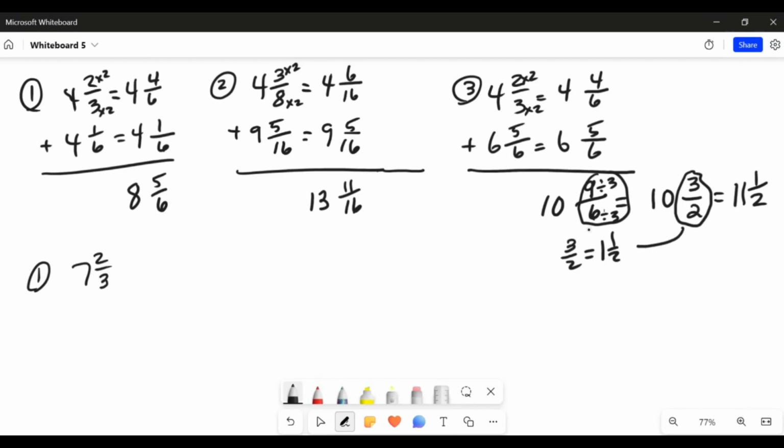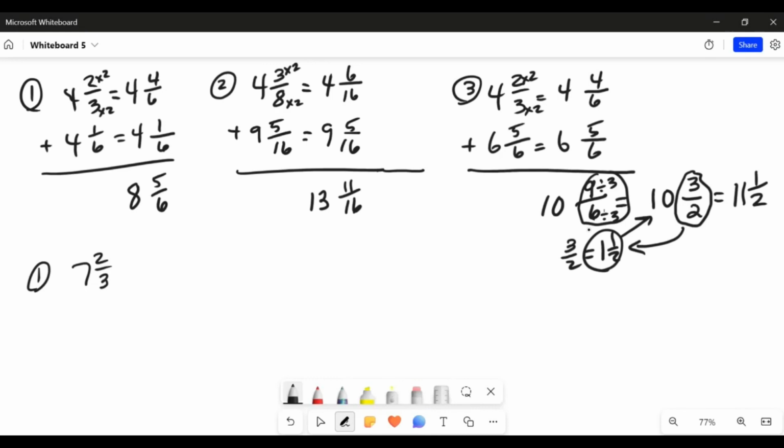So 3 halves is really 1 1/2. And so that then needs to be added back to the 10, which gives us 11 1/2. You cannot leave an improper fraction inside of a mixed number. You've got to change that. So we always have to reduce, and we always have to look to see if we have an improper fraction.